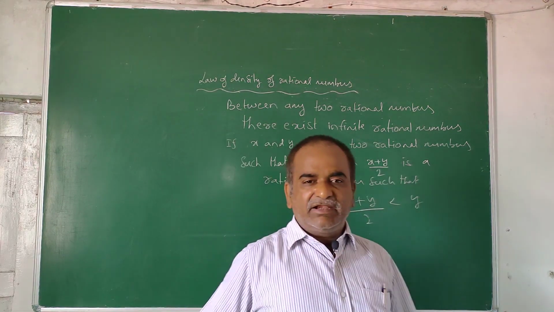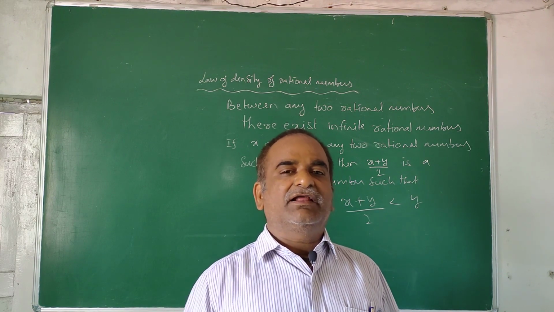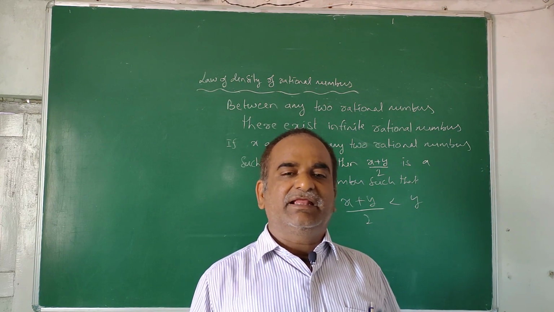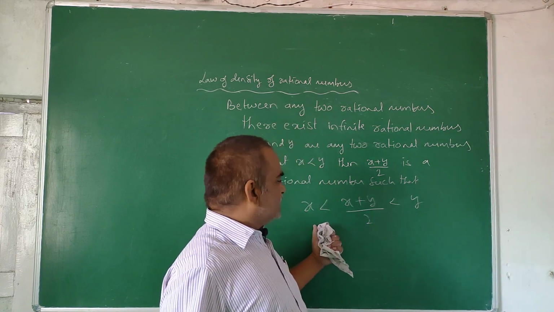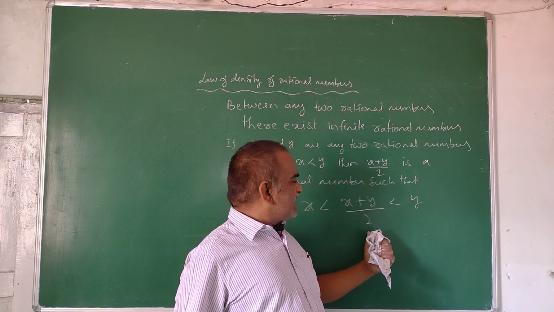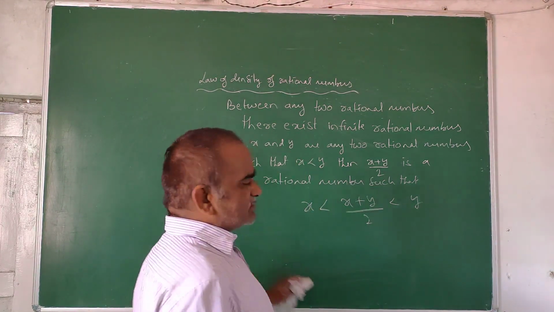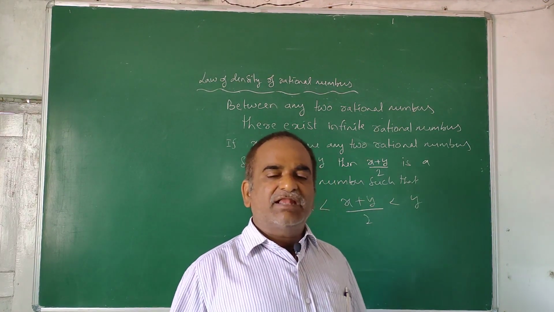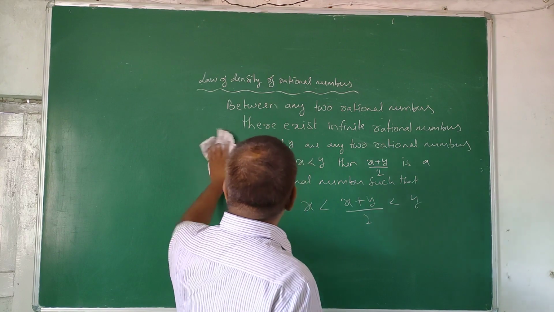So between any two rational numbers x and y, where x is smaller than y, there exists a rational number (x plus y) by 2, so that x is less than (x plus y) by 2 is less than y. You can use this to insert a rational number between any two given rational numbers.